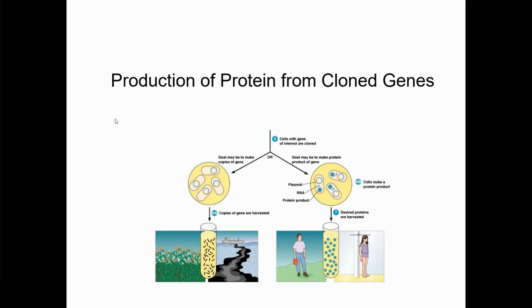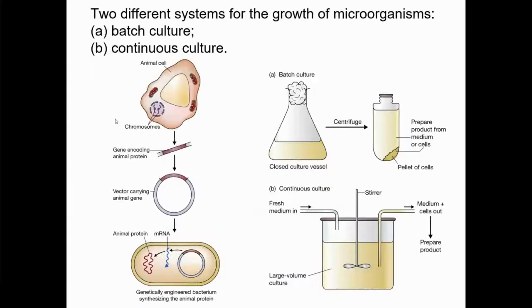To produce the protein from the cloned gene, basically you need to grow the cell. So first of all, you clone the gene into a vector and then introduce the vector into the bacteria cell or yeast cell or animal cells, and then you have the mass production of the cell.